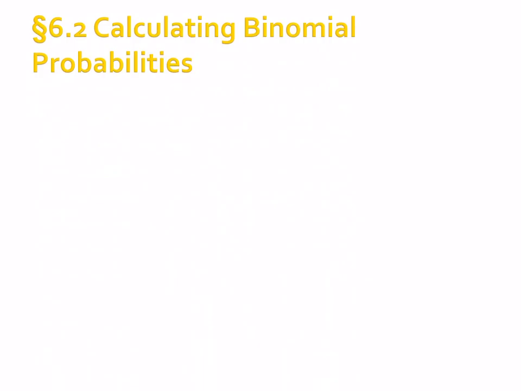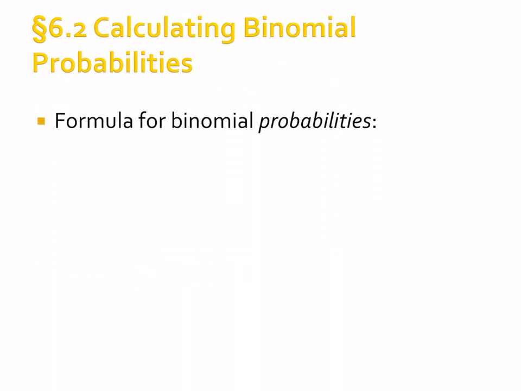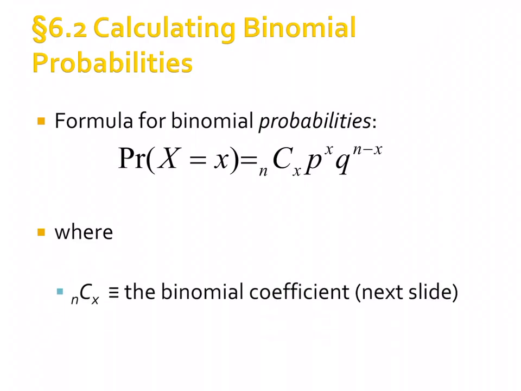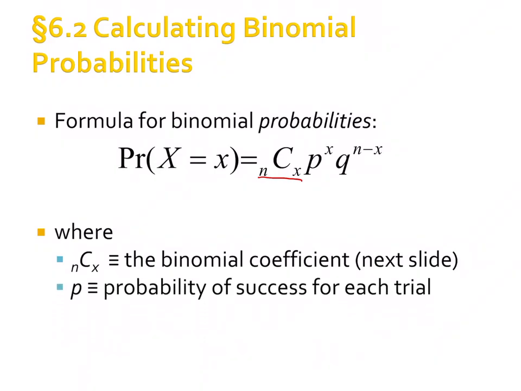So how do we calculate binomial probabilities? The formula for binomial probabilities is as follows. The probability of x is equal to n choose x times p to the x power times q to the n minus x, where n choose x is the binomial coefficient, which we're going to talk about in the next slide, p is the probability of success for each trial, right?